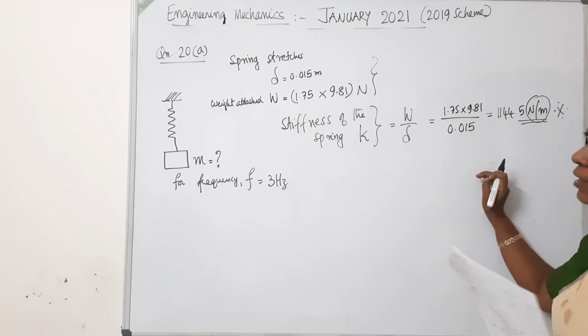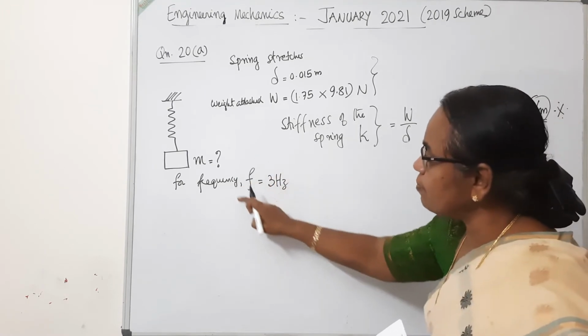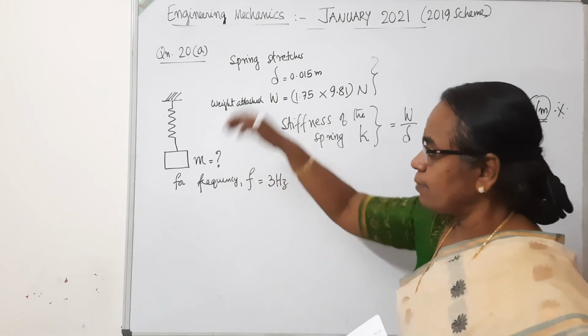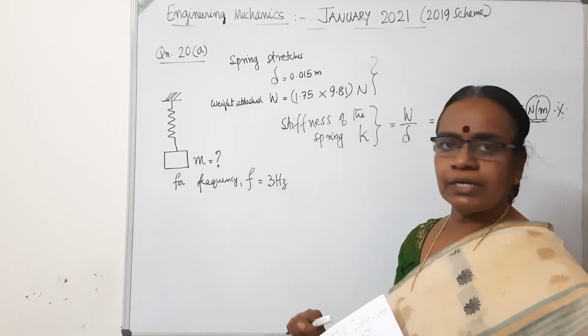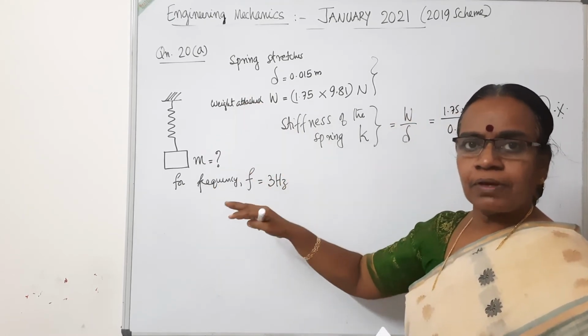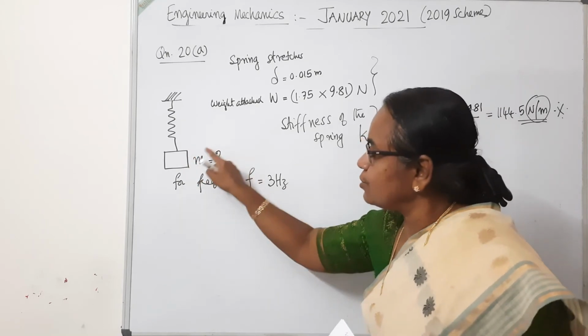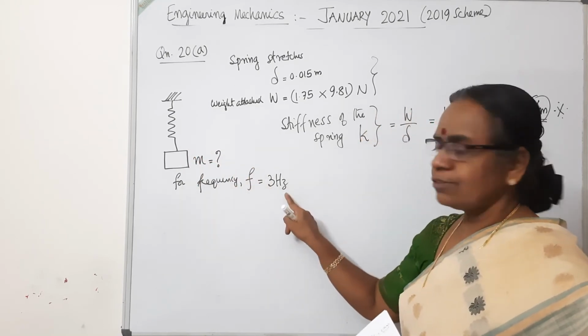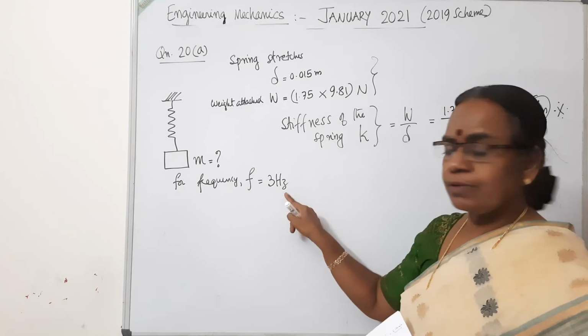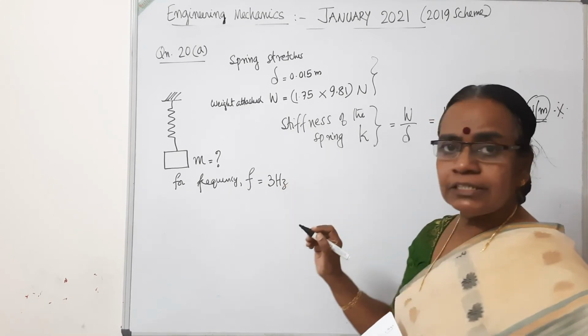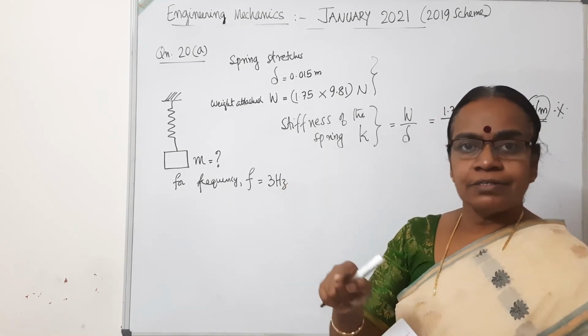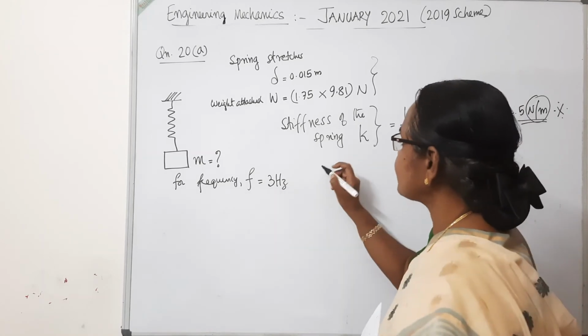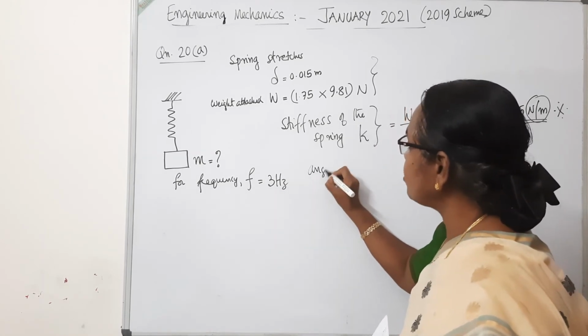Now we are given that the frequency should become 3 Hertz. It is set into vibration by pulling it. What amount of mass should be added to it so that we get a natural frequency of 3 Hertz? Frequency in Hertz is given. What is Hertz? Cycles per second. So 3 Hertz we can convert into angular frequency.